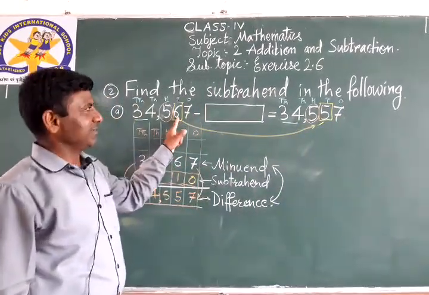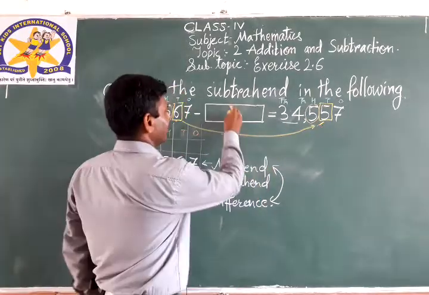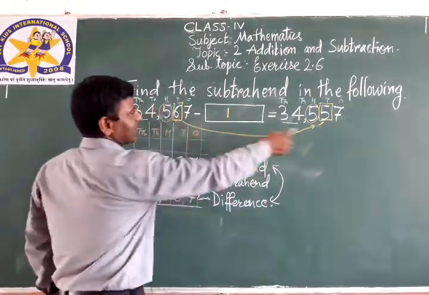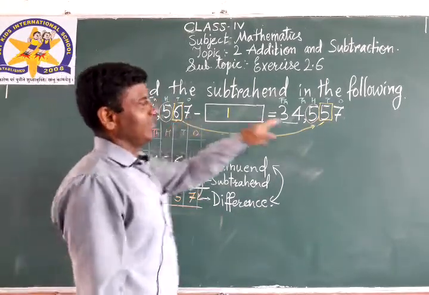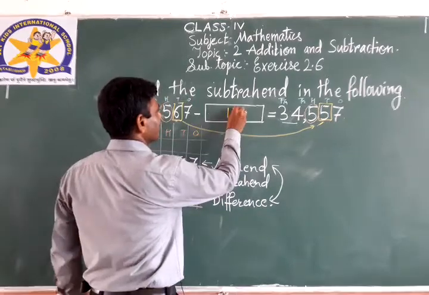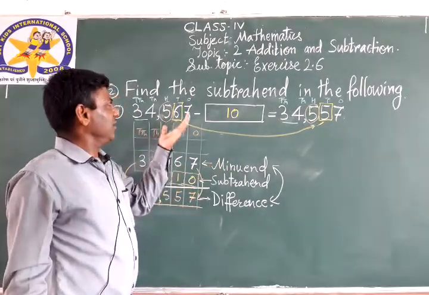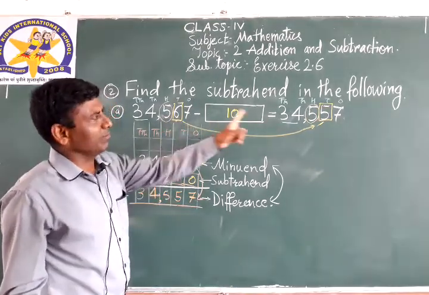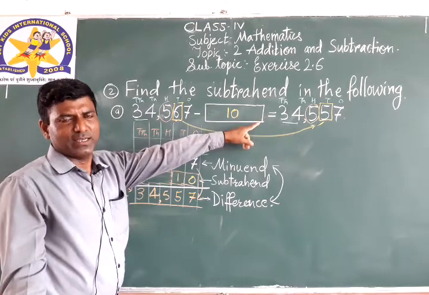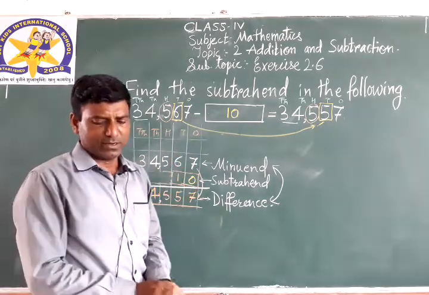Means 6 minus 5, 1. And here 7, here 7, 0. So it is very easy. We can solve orally also. Focus on the place values and subtract. Very simple. Understand? Okay.